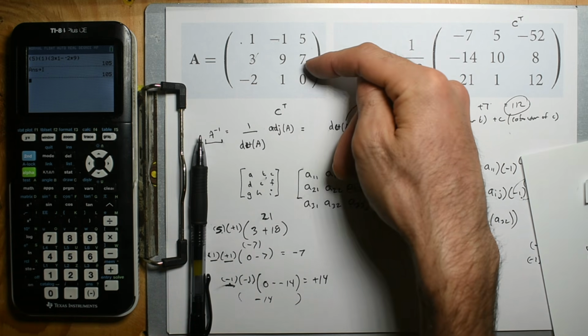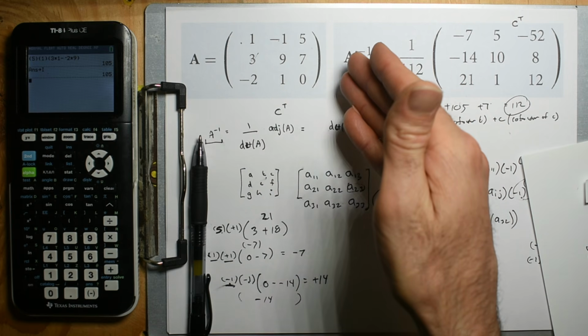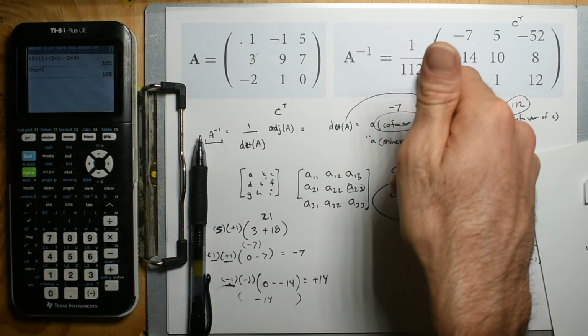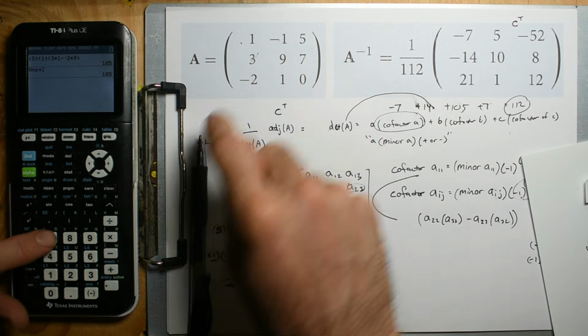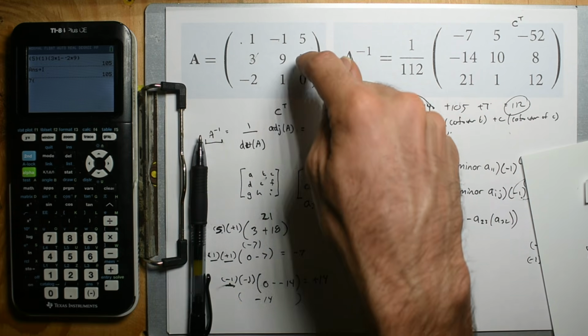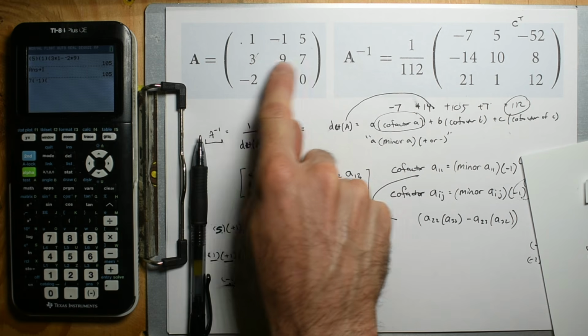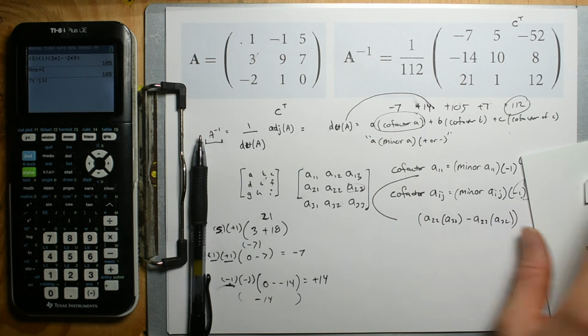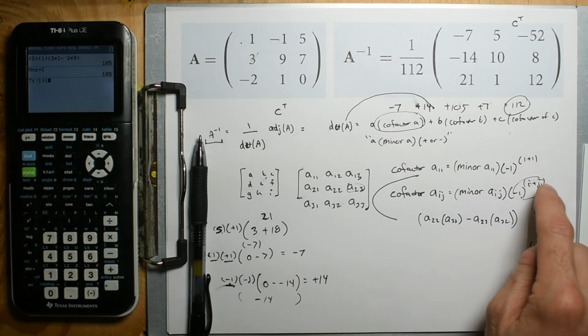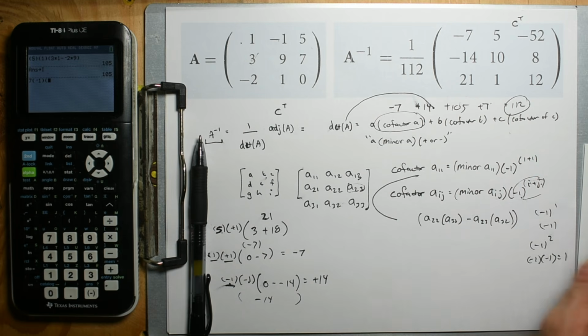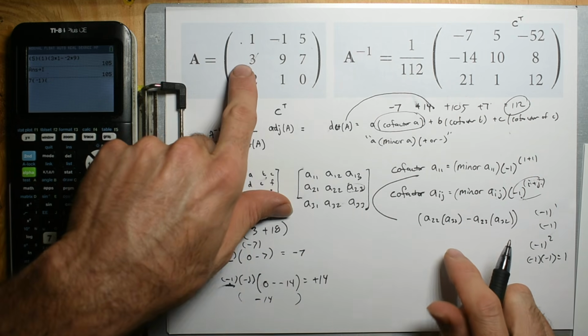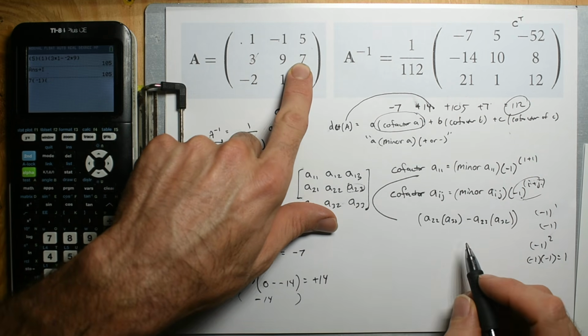Next one is going to be 7. And we already know this one better be 7, because we have to add to get up to there. But anyway, so we have 7, the cofactor is a negative 1, because we have row 2, column 3. In this equation, 3 plus 2 is 5. And so let's do that. So this is row 3, column 2.